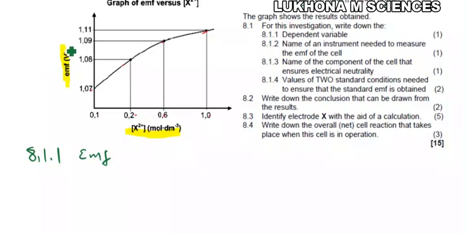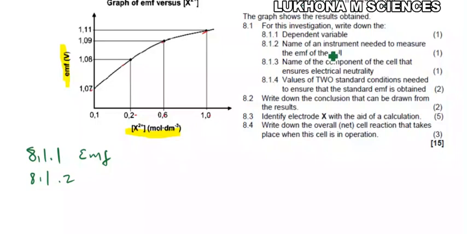If you look here, if you increase the concentration, then the EMF increases. Therefore, the dependent variable is the EMF in this case. As the concentration of X2+ ions increases, the EMF increases, which means the EMF depends on the concentration of X ions.